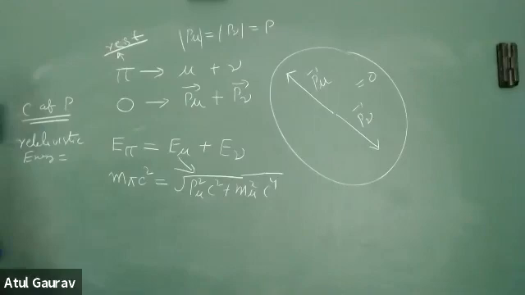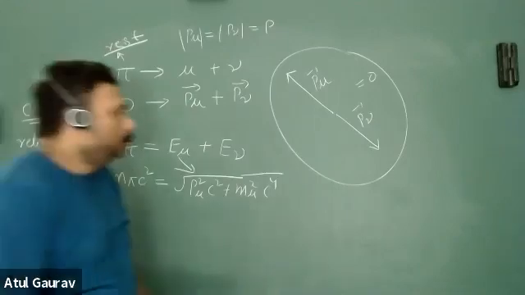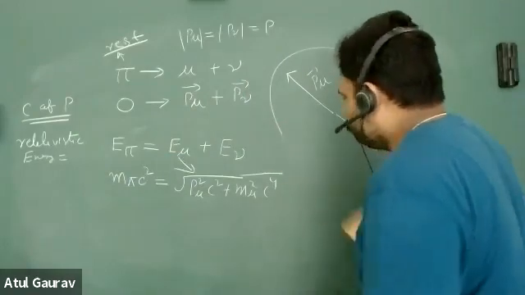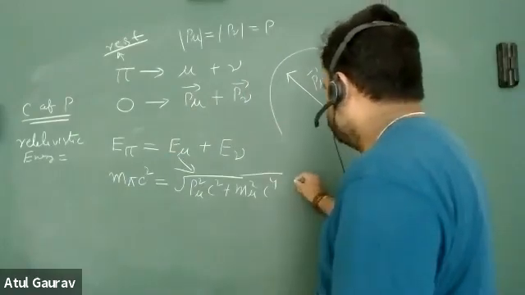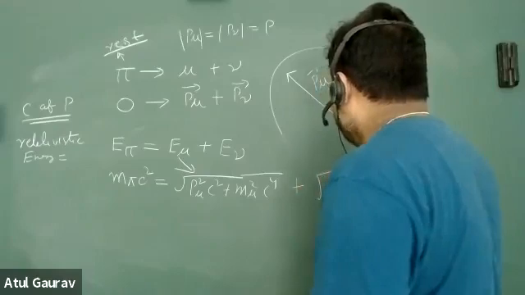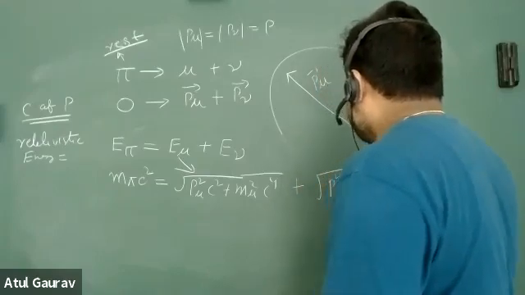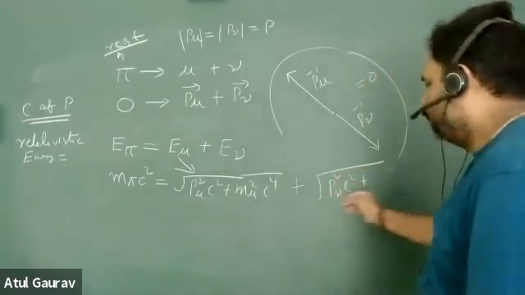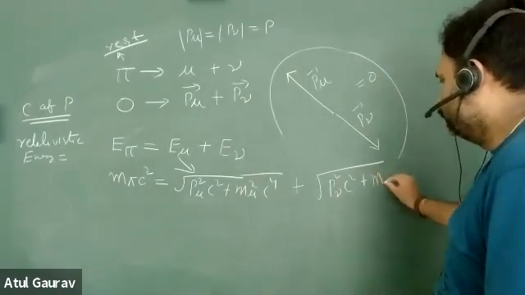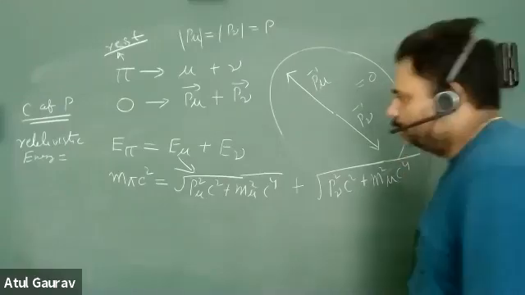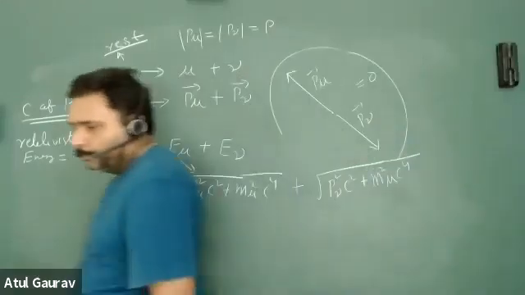And next we have to write for the neutrino. For the neutrino, we have to calculate P nu square C square, obviously it has momentum as well as mass, plus M nu square C4. So this is all about the neutrino.